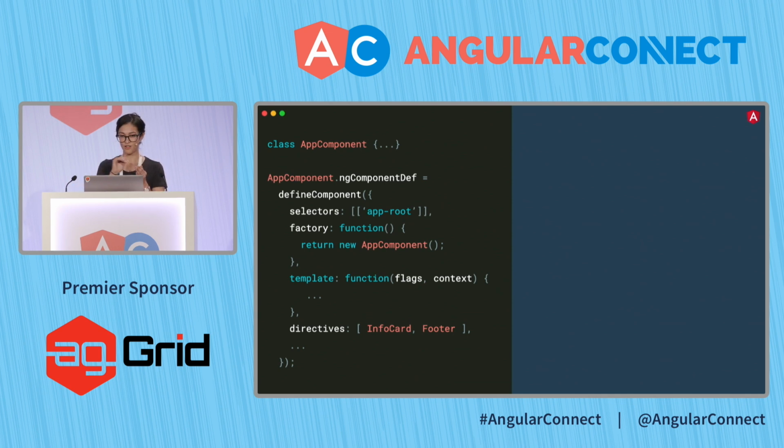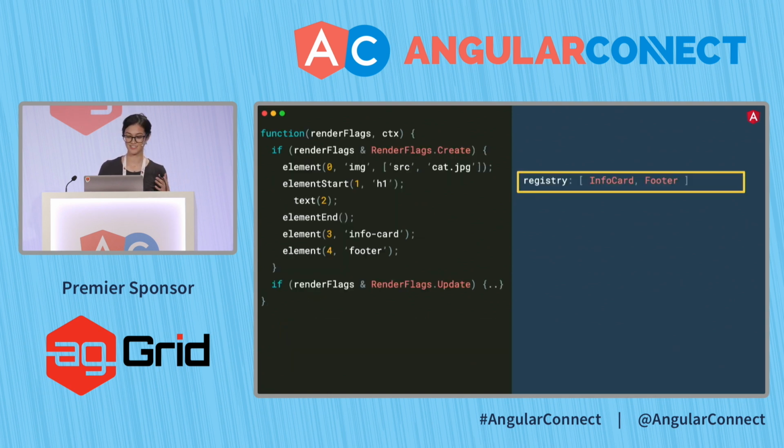And once it knows what all those directives are, it'll print out that list of directives inside the component definition. So here for the app component, it has access to the info card directive or component and the footer component. And this makes it much easier for us because at runtime, the runtime doesn't have to worry about module scope or any of that stuff. We know what our list of available directives is from the component definition.